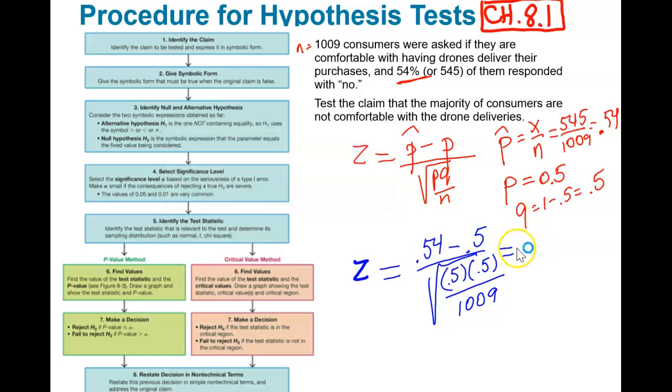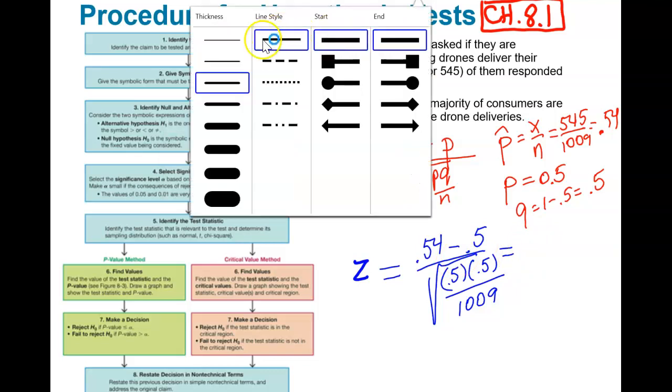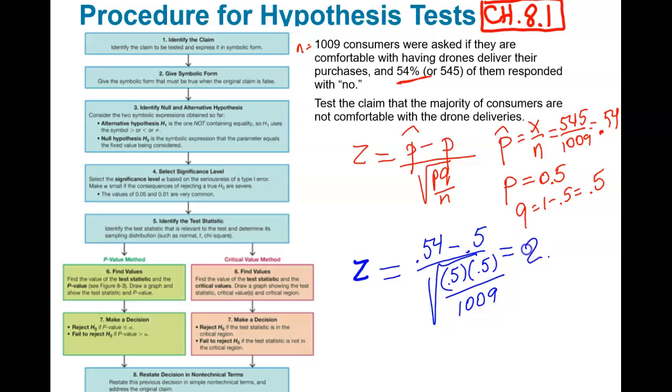So we found that our Z, our test statistic, is 2.54 rounded, or if we do it on the calculator or any other technology, we'll get 2.55. We'll consider Z equals 2.54.